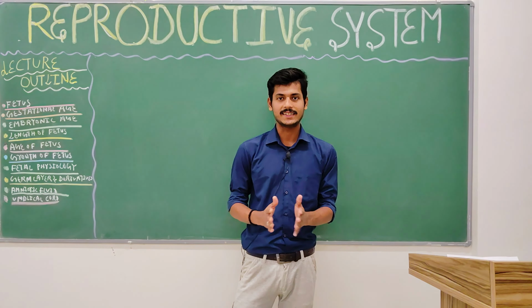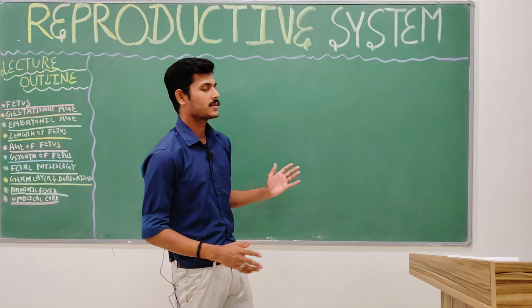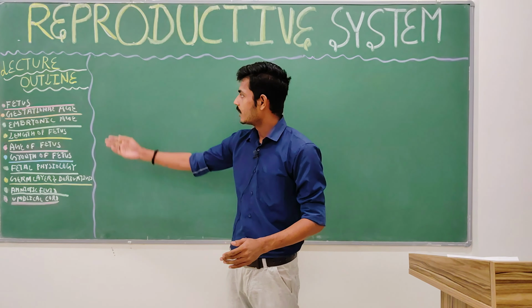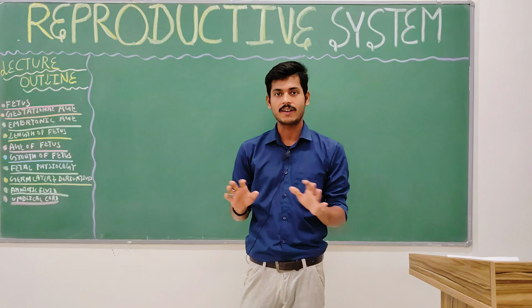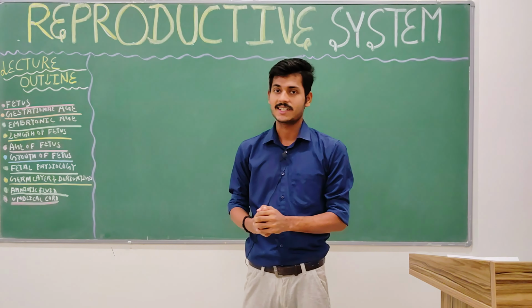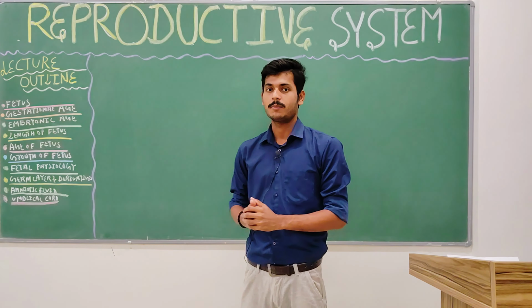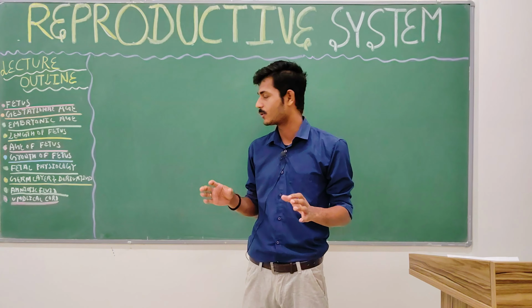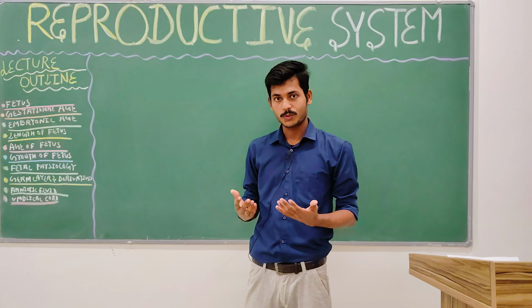We started a series of lectures on the reproductive system, and before the break we discussed the fetus and defined its meaning. We also studied the gestational age and the embryonic age, and how to measure the length of the fetus with the help of ultrasonography.